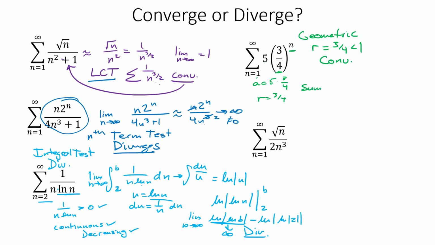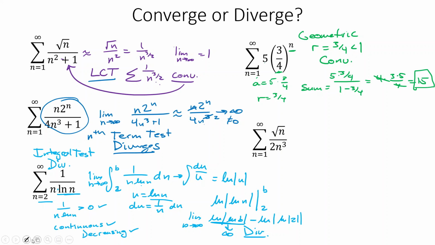So the sum here would be 5 times 3/4 over 1 minus 3/4. So it would be 4 times that, which is 3 times 5 over 4 is 15. So if we add up all those terms, we actually would get 15. It's like the only one we can find the sum for.